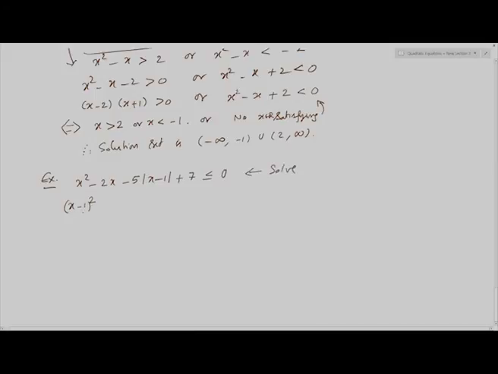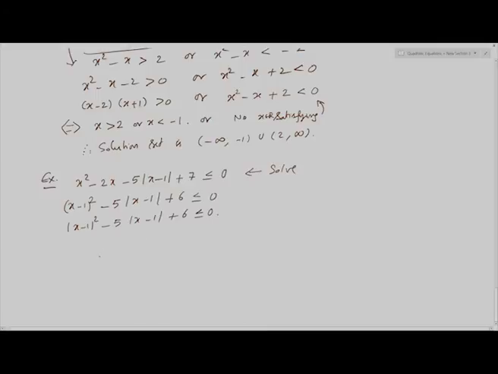So, I am writing (x - 1)², then the inequality becomes 5 - 5|x - 1| + 6, because already 1 is here, less than or equal to 0. Remember, I can write this (x - 1)² as |x - 1|² - 5|x - 1| + 6 ≤ 0.